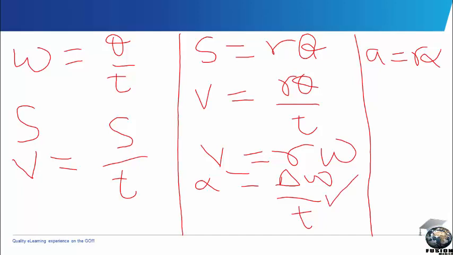Okay, I would like to discuss resonance. Resonance in simple harmonic motion is a vibration set up in a body due to a transfer of energy from another body which is vibrating with a frequency the same or nearly the same as that of the first.